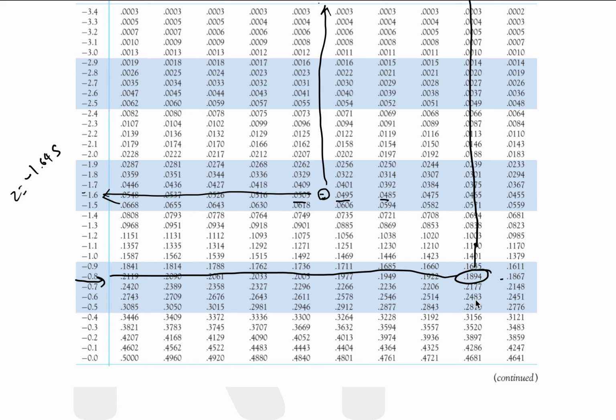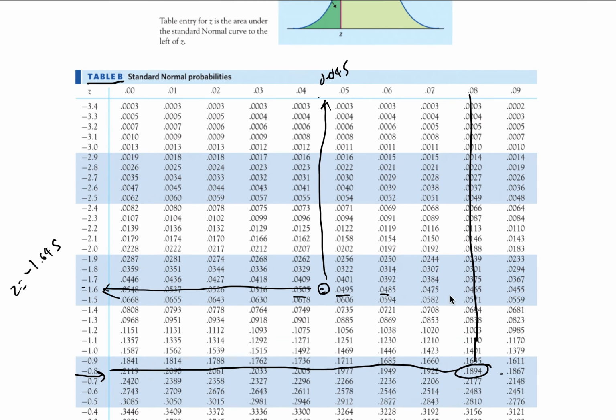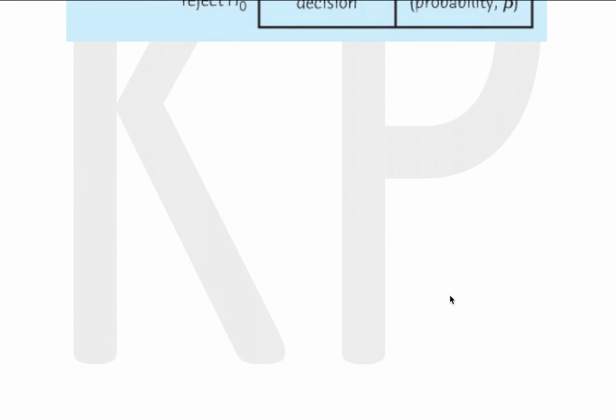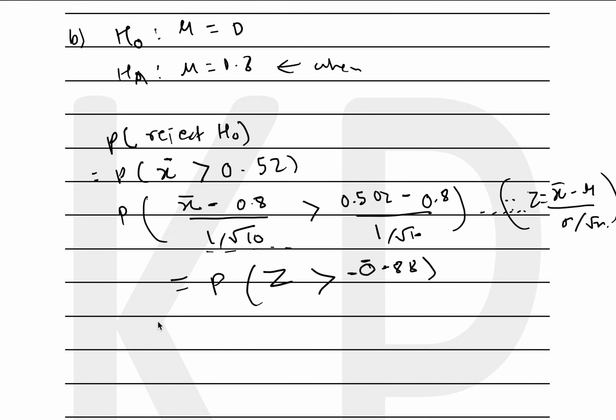0.1894, right? So 0.1894 is the probability on the left side of that z.